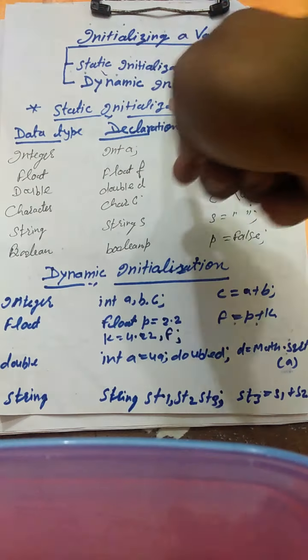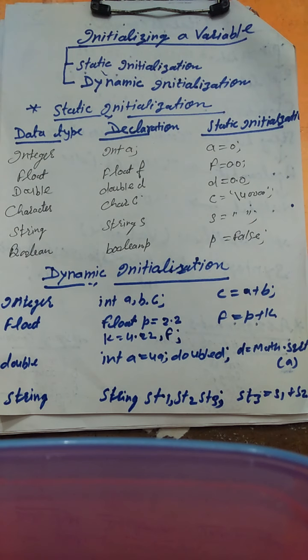What is static initialization? The process uses direct assignment of a constant to a defined variable. The variable is initialized at the time of its declaration. When we declare the variables, then we can use static initialization.